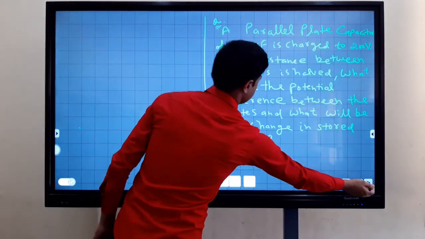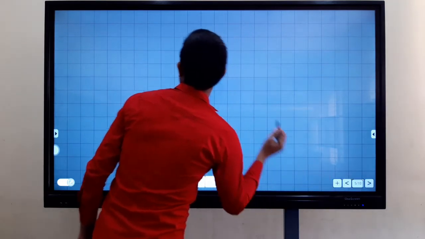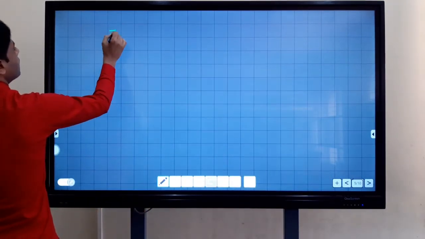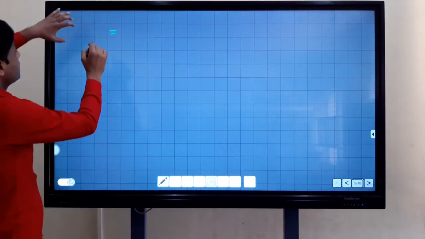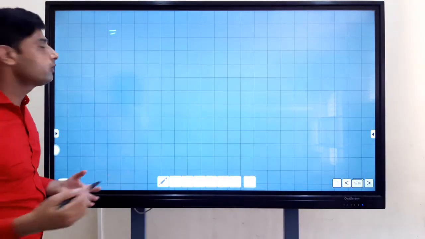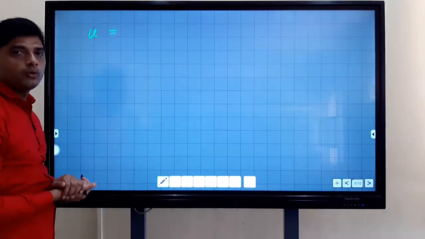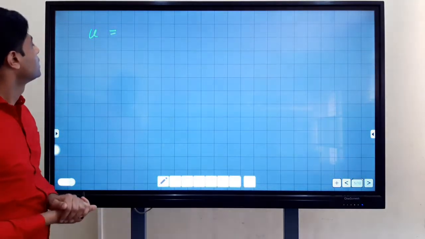Then the energy stored per unit volume, small u, is the symbol of energy stored per unit volume.